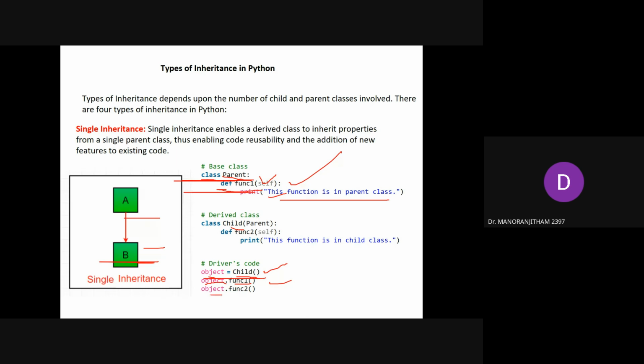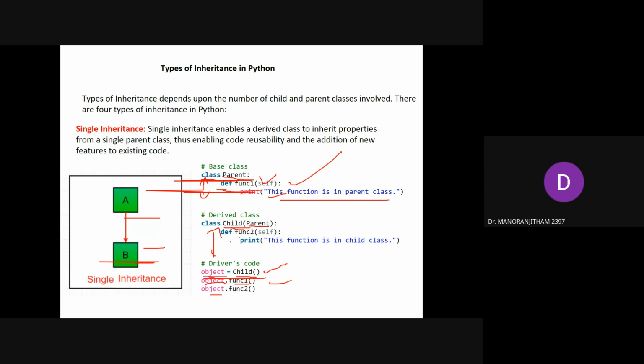Next, whatever methods are defined inside the parent class are also visible to this object, because of inheritance. We have passed the parent class into the child class, so the functions defined inside the parent class can also be used through the child object.